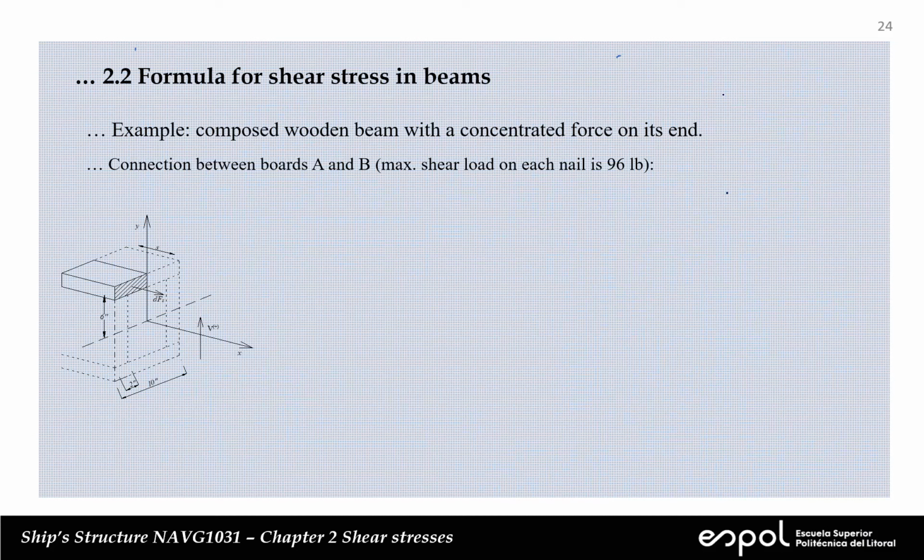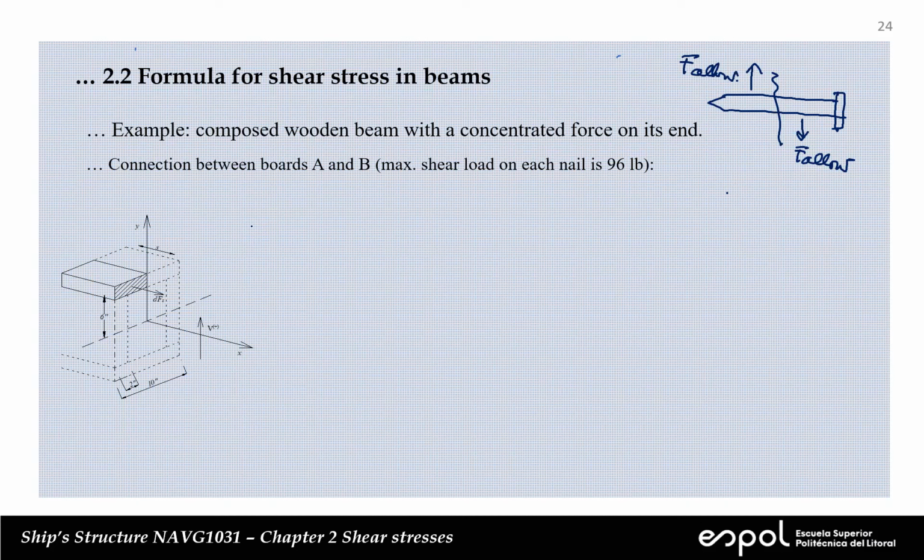So let's suppose that we have a nail here, connecting 2 boards. One board points in that direction and the other points in this direction. The maximum force that this nail can take is 96 pounds, I'm sorry.